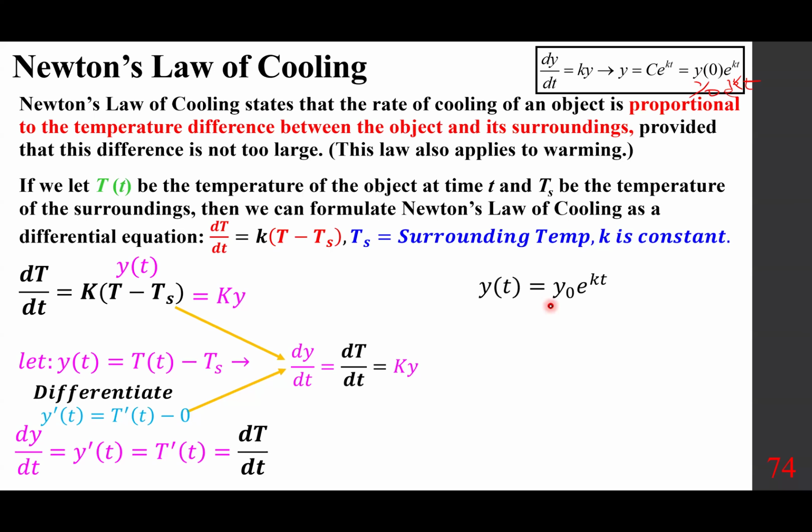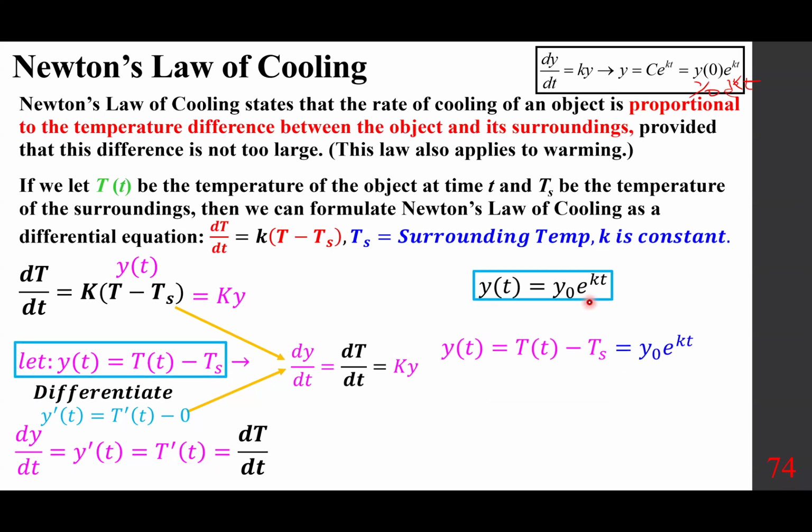And so we go back and we say y is capital T minus T sub s. On the one hand, y is that; on the other hand, it's equal to y sub 0 e to the power of kt. So let's write it down. Take a look at those two.